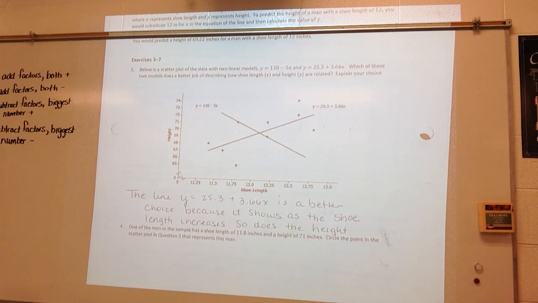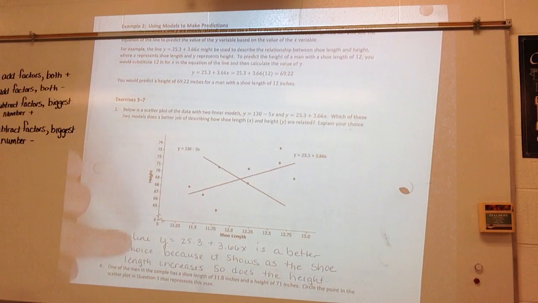One of the men in the sample has a shoe length of 11 8/10 inches and a height of 71 inches. Circle the point in the scatter plot in question 3 that represents this man.